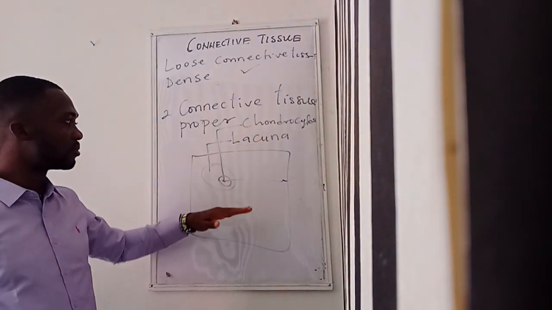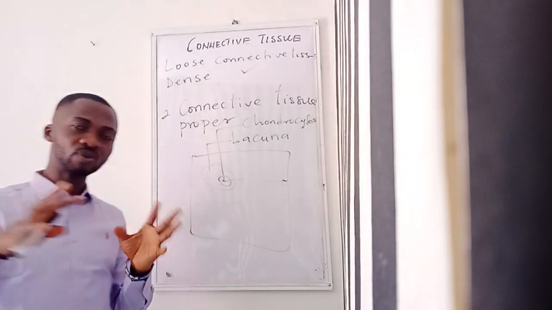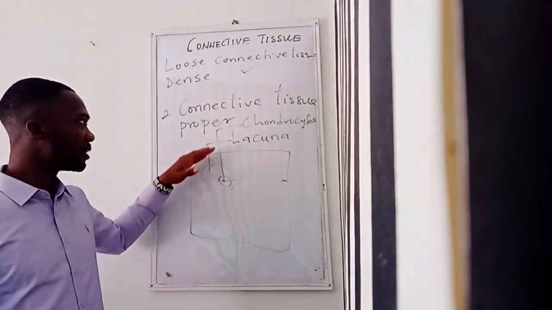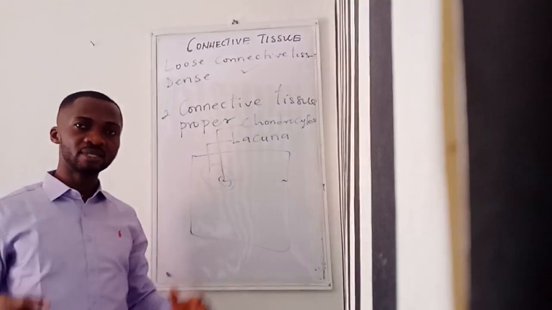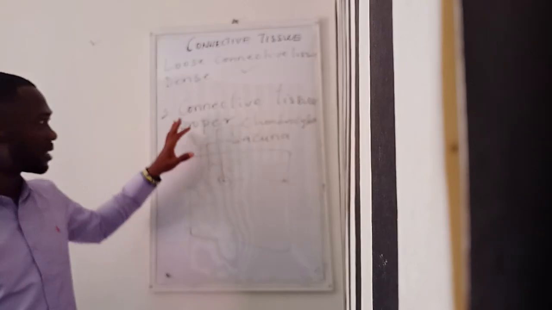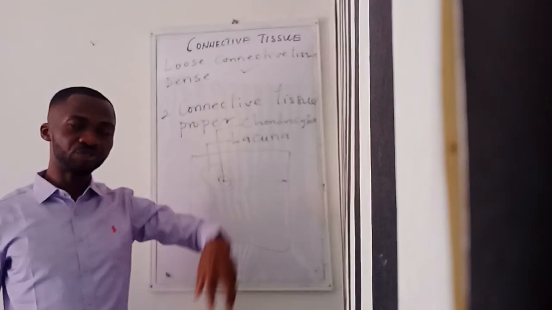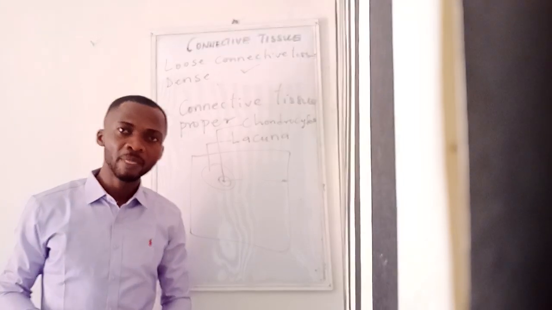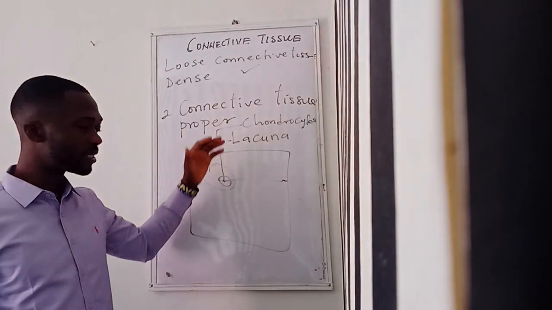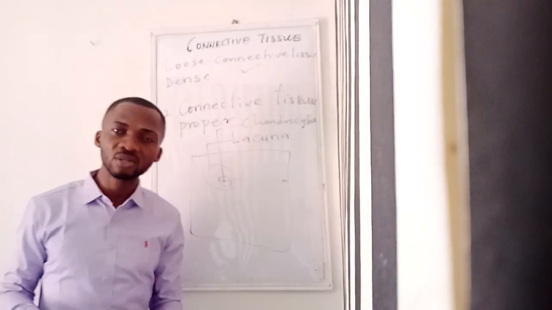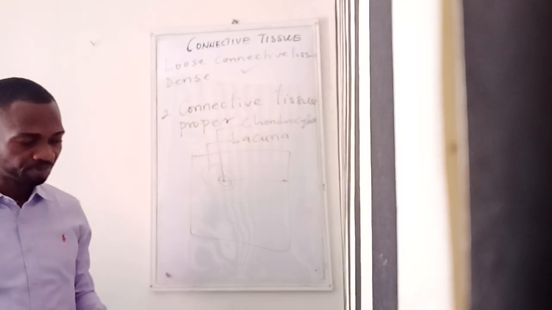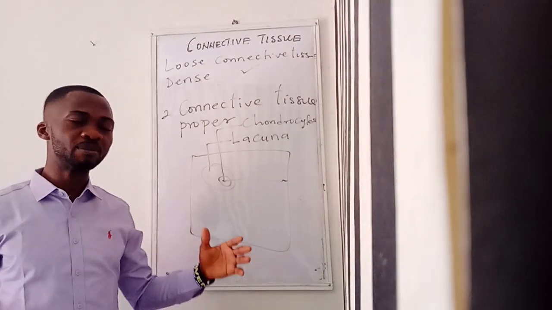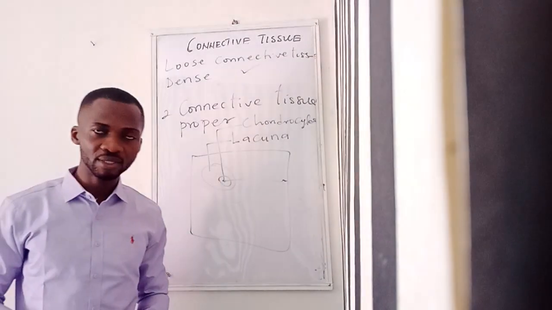The chondrocytes are the cartilage cells that secrete the chondrin and the collagenous fiber. This cartilage is made up of an abundance of collagenous fiber, providing both strength and flexibility to the cartilage.